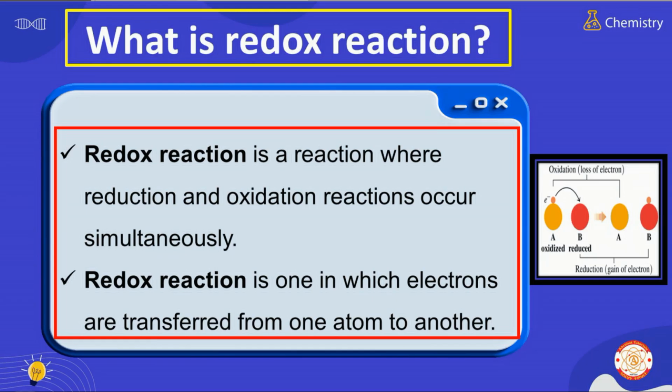So this type of reaction is called a redox reaction. In other words, a redox reaction is one in which electrons are transferred from one atom to another. So if there is transfer of electrons from one atom to another, this type of reaction is called a redox reaction.